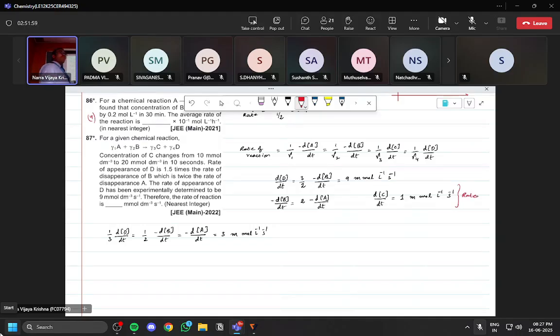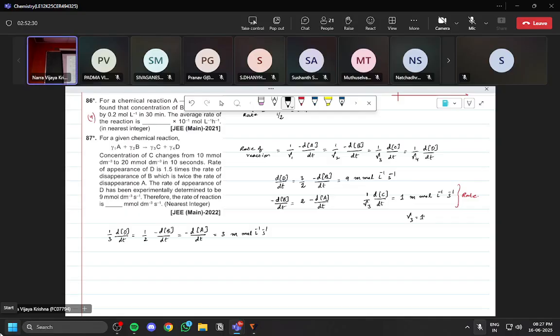If they ask you gamma 1, gamma 2, gamma 3, gamma 4, also we can solve. This is nothing but 1 upon gamma 3 into dC by dt. Gamma 3 is nothing but 1. If gamma 3 is 1, remaining all is over.